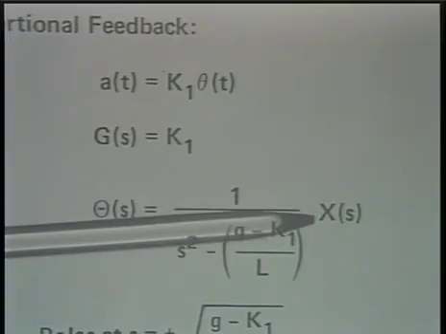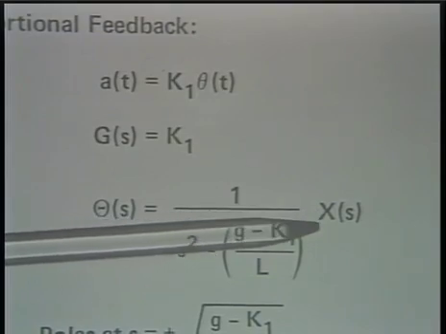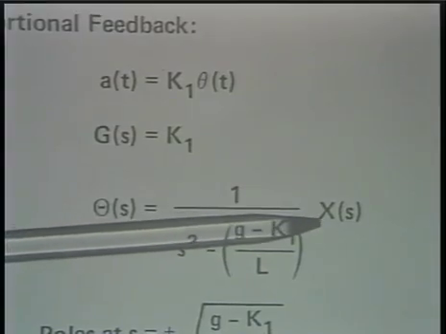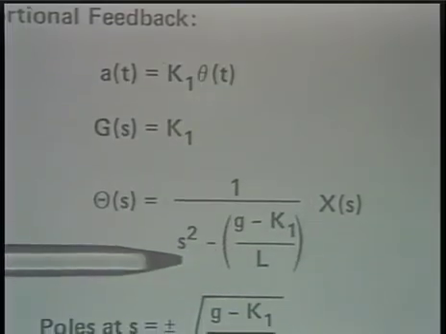And let me remind you that x of t, the external disturbances, now represents the only input, since the other input, corresponding to the applied acceleration to the cart, is now controlled only through the feedback loop. So we have this system function for the closed loop system.